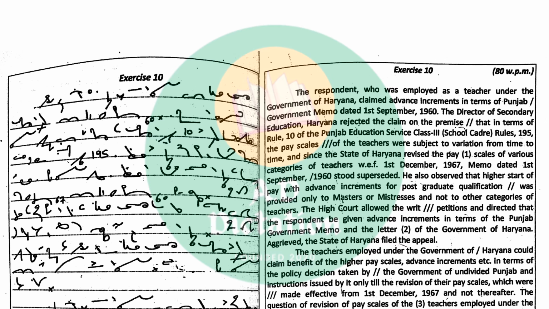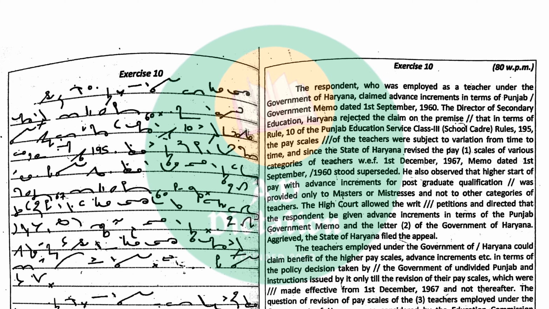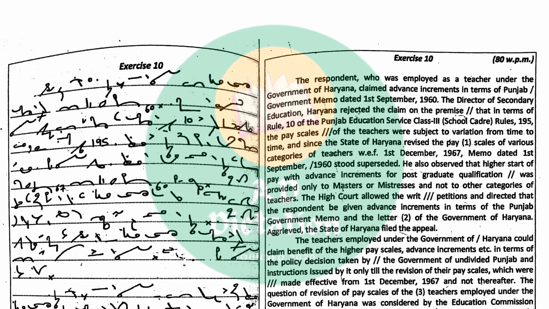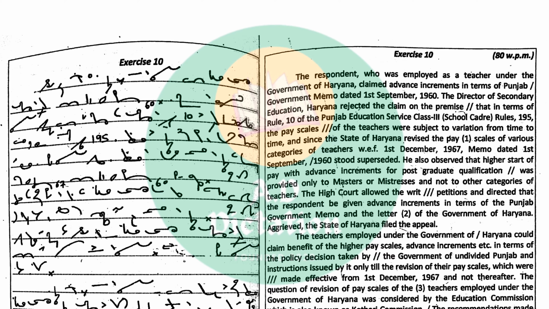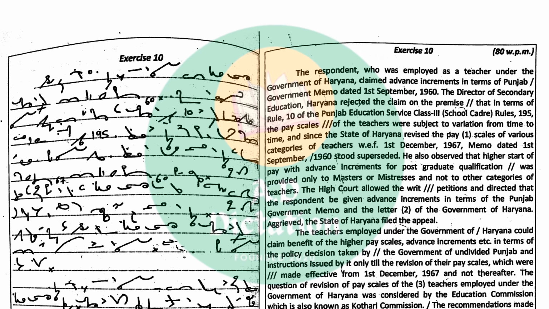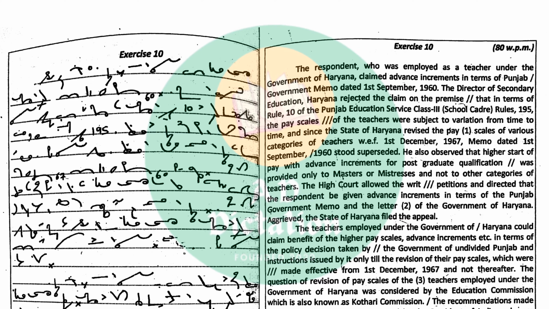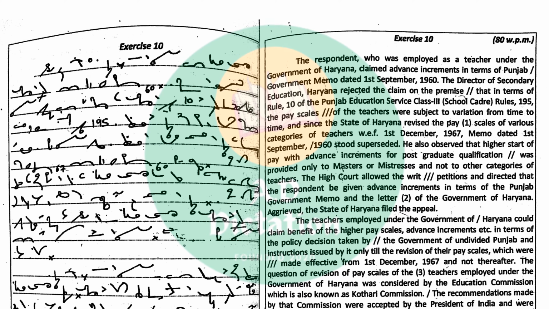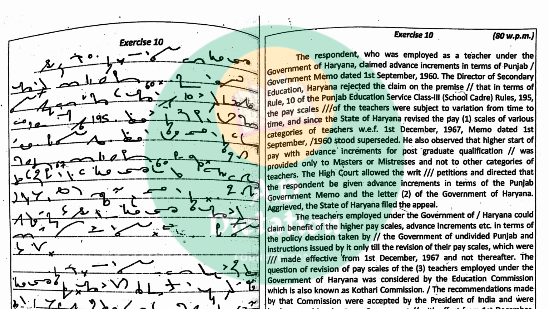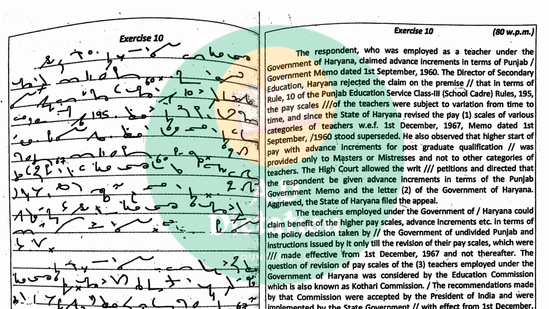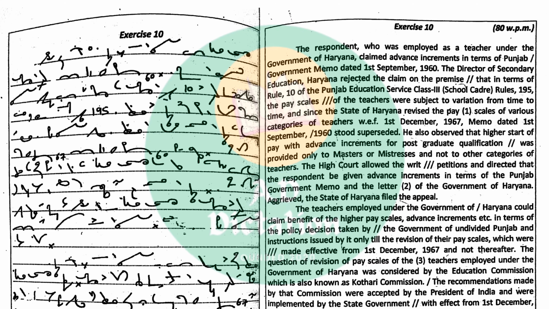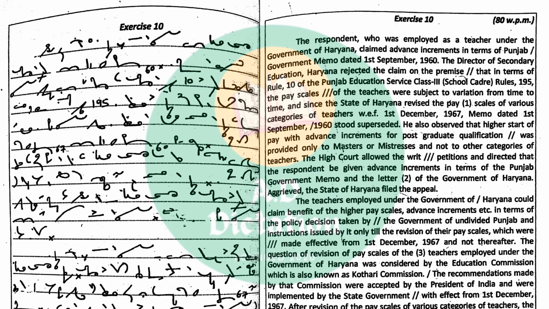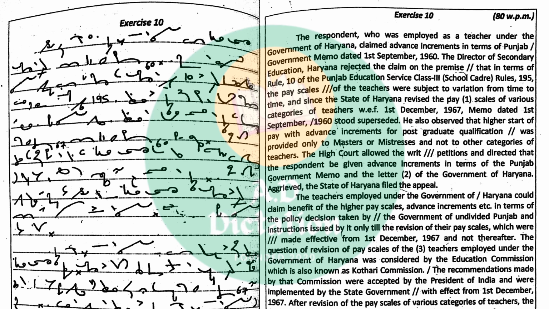The Director of Secondary Education, Haryana rejected the claim on the premise that in terms of Rule 10 of the Punjab Education Service Class 3 (School Cadre) Rules, the pay scales of the teachers were subject to variation from time to time, and since the state of Haryana revised the pay scales of various categories of teachers with effect from 1st December 1967, the memo dated 1st September 1960 stood superseded.